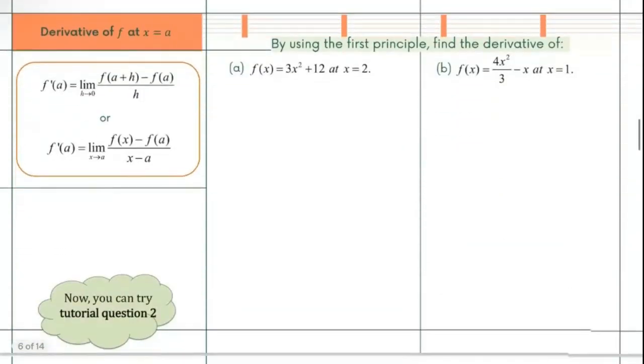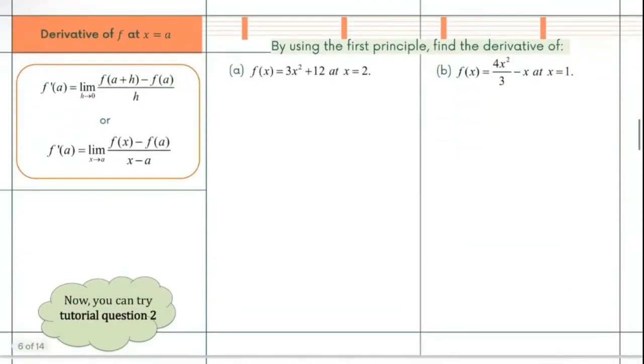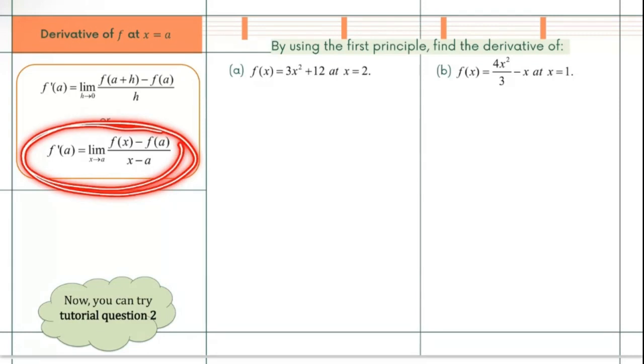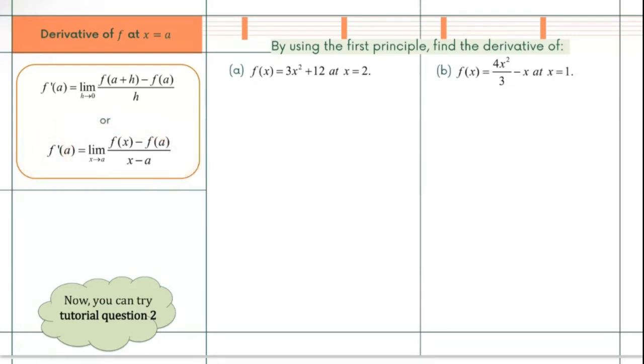Okay, now let's try to use the first principle untuk check derivative at x equals to a. Okay, so ini adalah formula yang kita boleh guna pakai. It's either h approaching 0 ataupun x approaching a. Tapi selalunya kita akan gunakan this one lah. Ini lagi senang. Okay, so saya akan gunakan this formula. Okay, the question will give you what the value of x is.